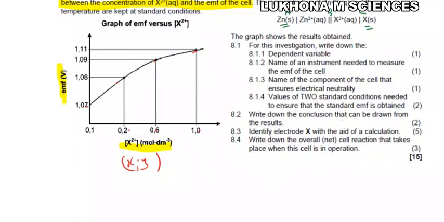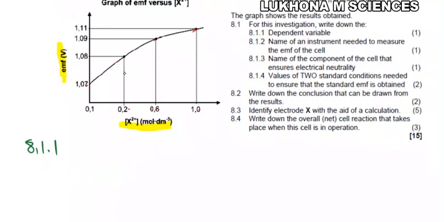Okay, now let's answer the questions. Question number 1. For this investigation, write down the dependent variable. So 8.1.1, write down the dependent variable. The dependent variable is the EMF.